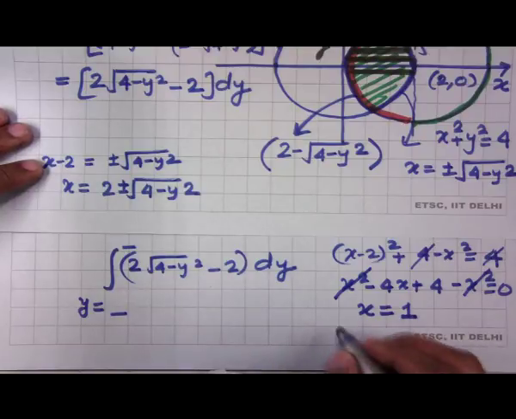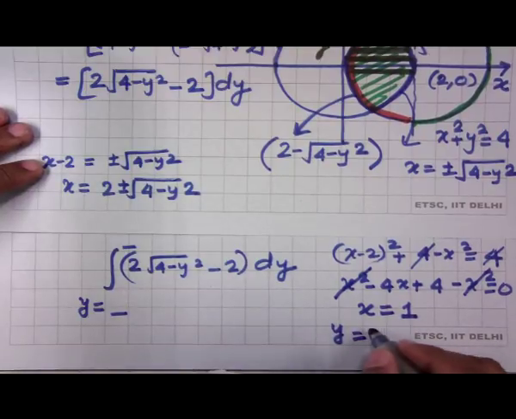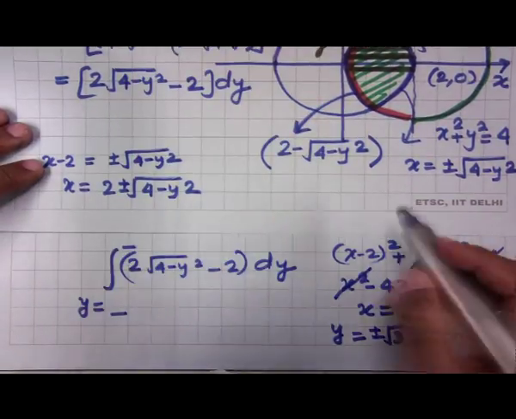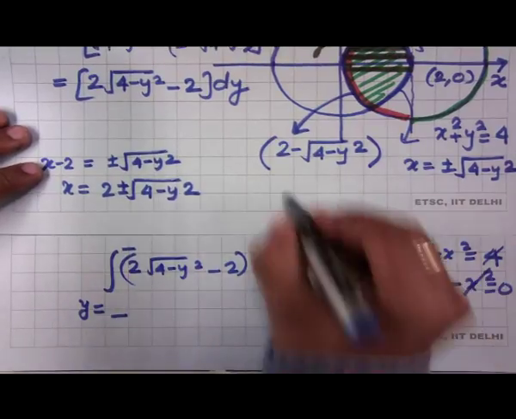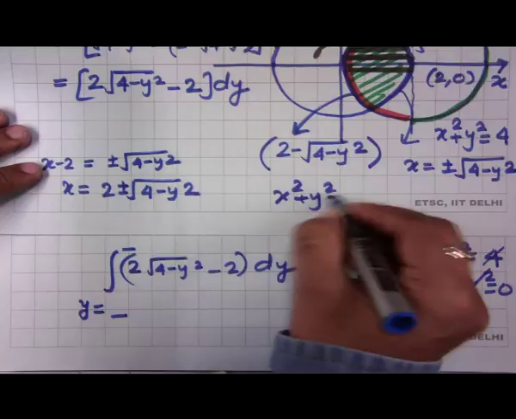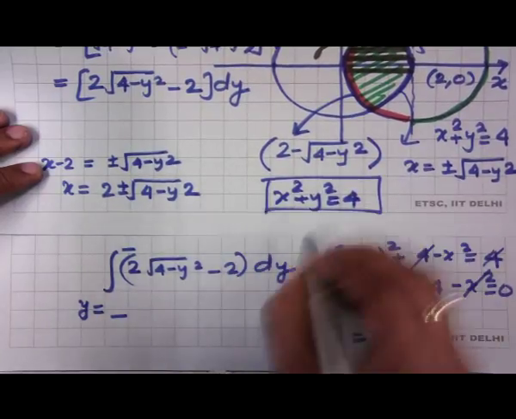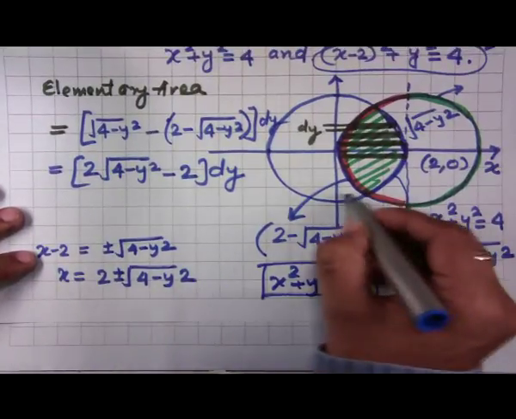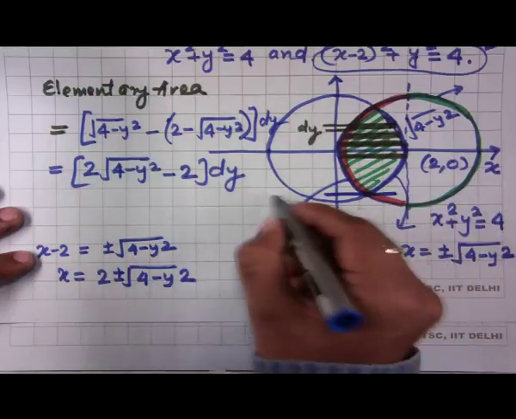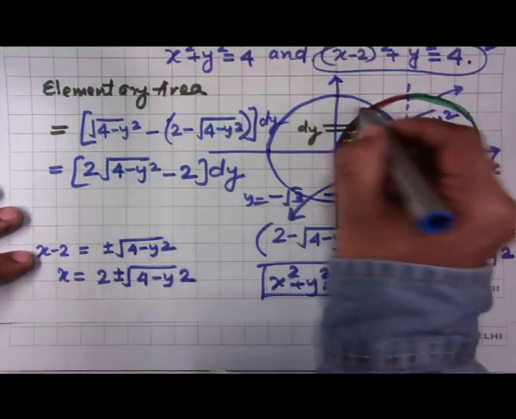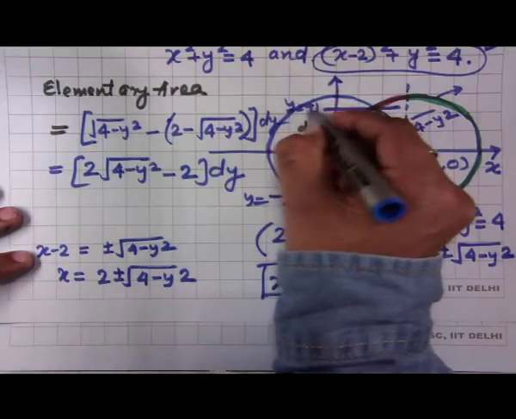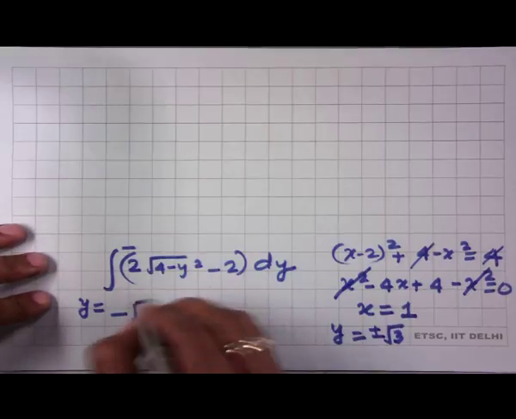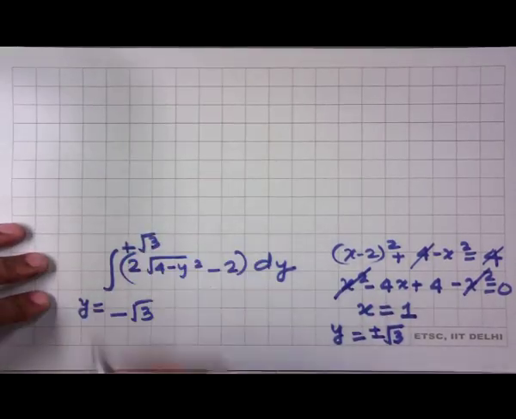So, at x equals to 1, y is plus minus root 3. Put x equals to 1 in either of the equations, say in this equation, you get y as plus minus root 3. So, this is y equals to minus root 3, and this is y equals to plus root 3. So, the limit of the integration will be from minus root 3 to plus root 3.